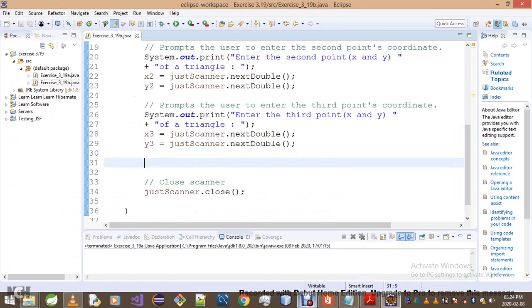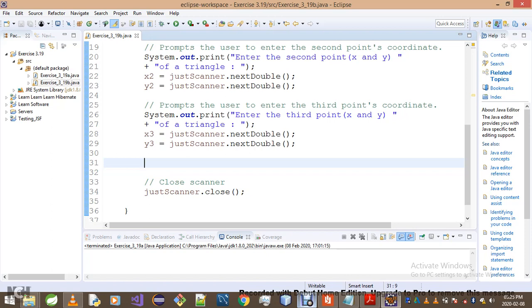So right now what you want to do is to simply calculate the distance between 2 points, point number 1 and point number 2. And then you calculate the distance again between point number 1 and point number 3, and lastly the distance between point number 2 and point number 3.